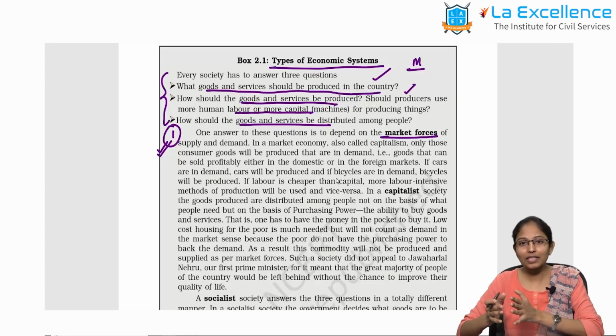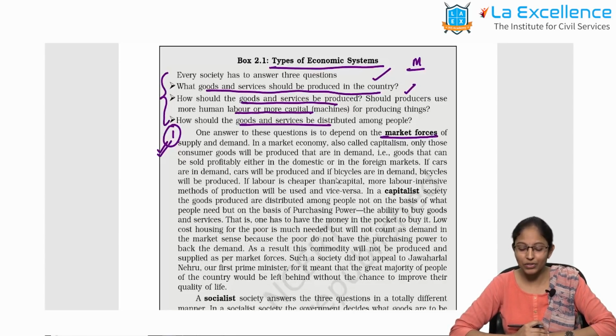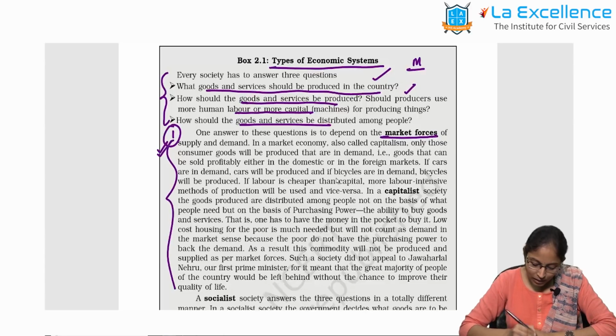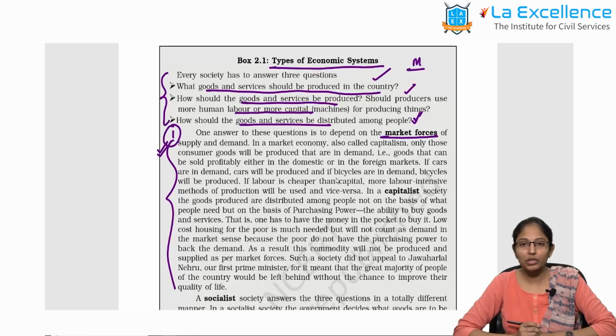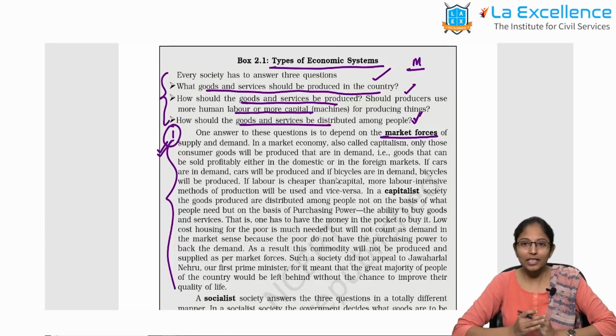Or if the system produces more profits by machines, then the capitalistic system moves towards machine-based industries. And the third question is also answered by the market forces. It means whoever has the purchasing capacity, they get the goods or services. It's not based on the need, it is based on the purchasing capacity of the people.